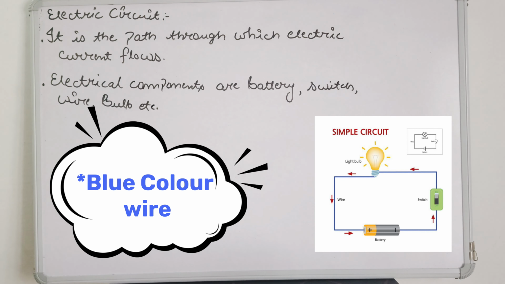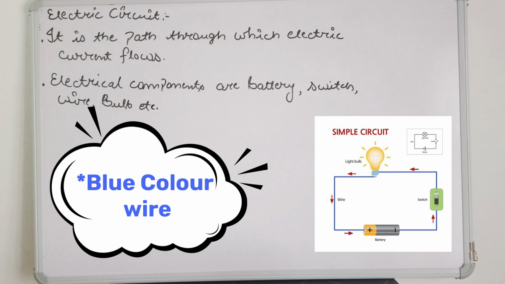Now this circuit I will draw over here a little bit different. Look out. This is the bulb. Now this terminal is negative, positive, negative, positive. What is a battery?